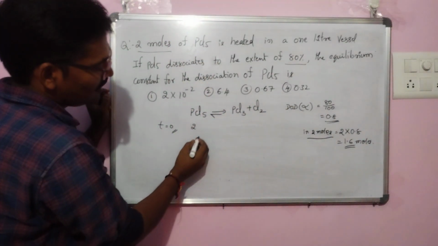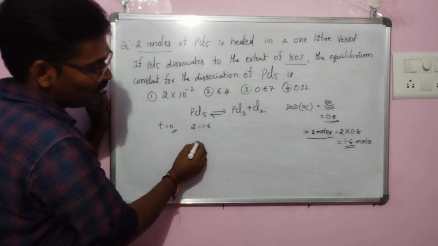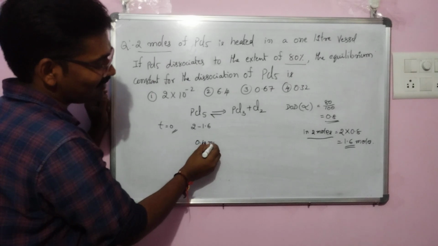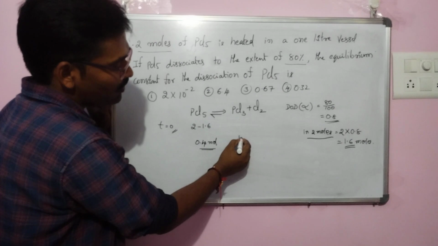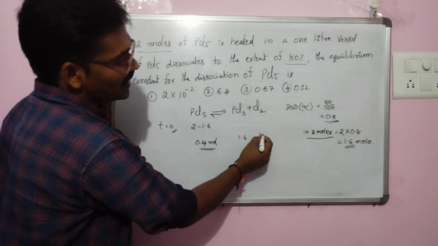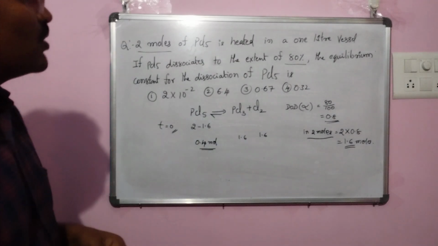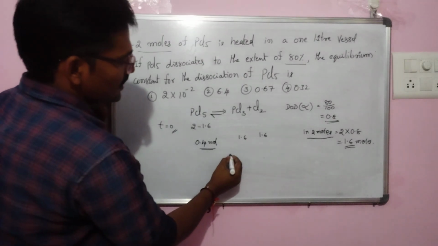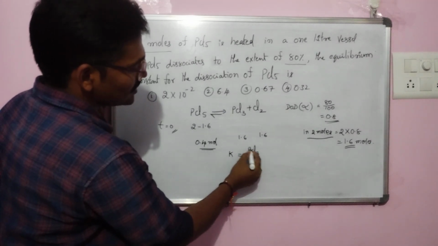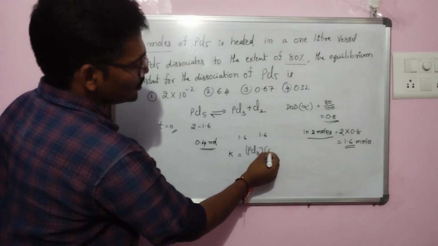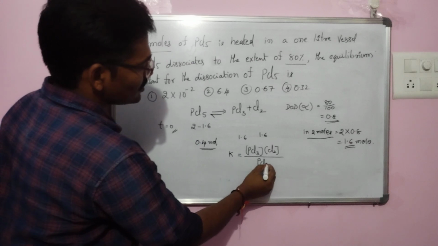So 2 minus 1.6 gives 0.4 moles remaining. Since 1.6 moles is dissociated, the products also form 1.6 moles each. Now we have to find the equilibrium constant: Kc equals the concentration of PCl3 into the concentration of Cl2 divided by the concentration of PCl5.